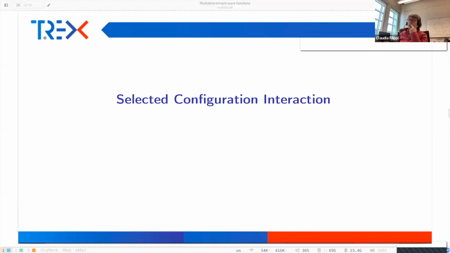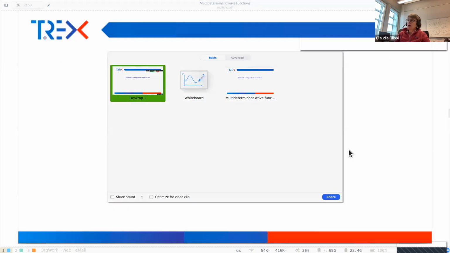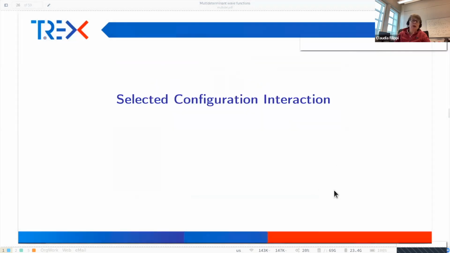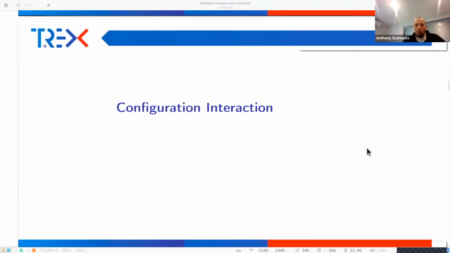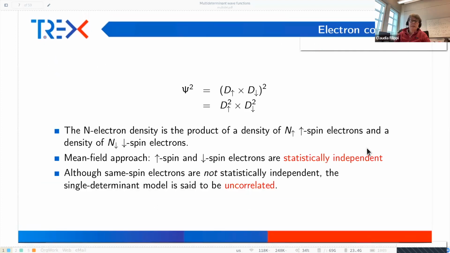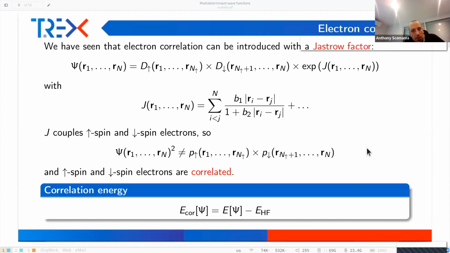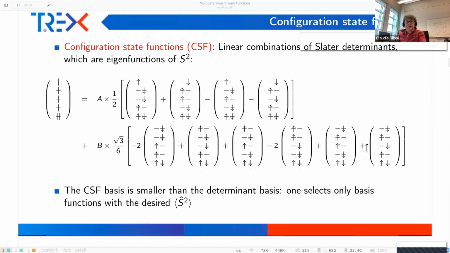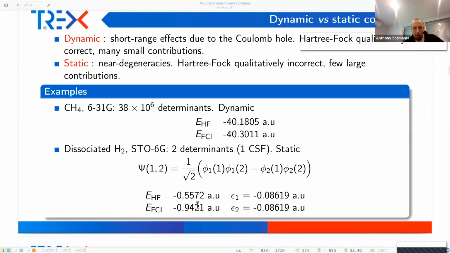So, Anthony, there is a question, which you kind of answered before, or maybe you can repeat it: what kind of contribution to the correlations, static or dynamic, is more dominating? So I will go back to this slide. I had an example with CH4 and H2. Let me go back to it. Usually, if you miss static correlation, you make a very, very large error in the total energy.